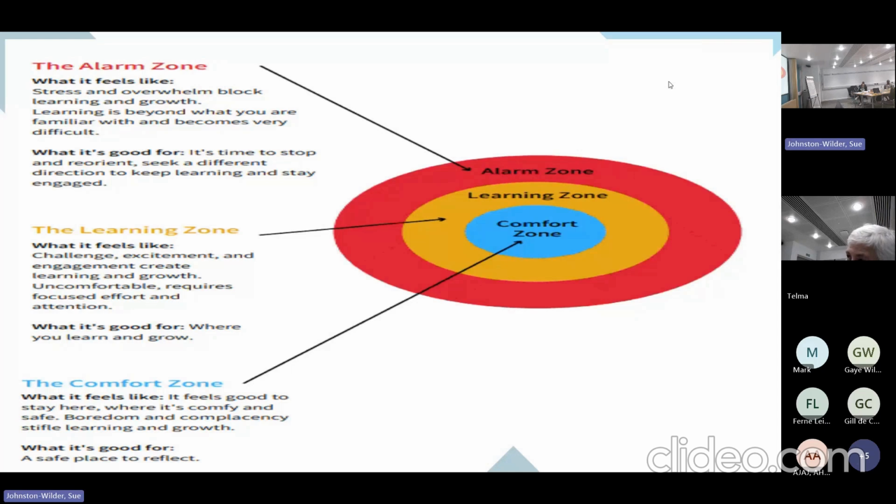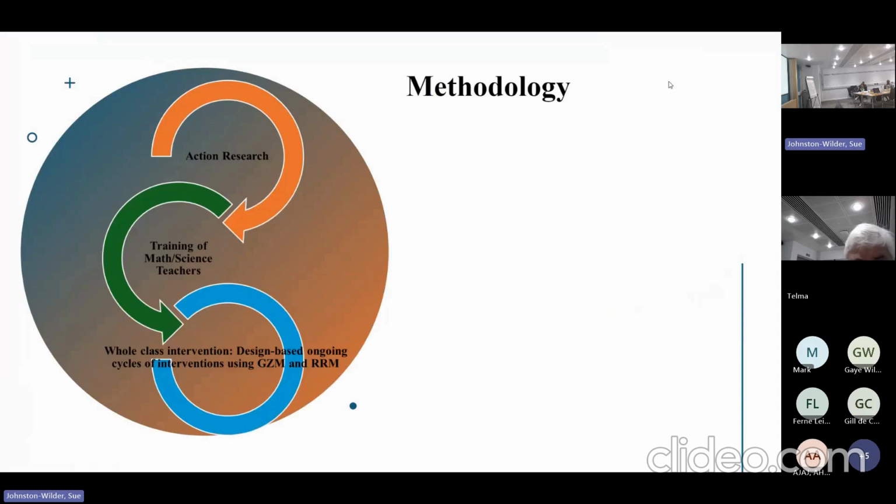And then the anxiety wasn't that clear to them, but they know that they fear, they're scared, they have misconceptions. But the term anxiety wasn't that clear. So I started with the growth zone model, and then I gradually introduced the teachers to the relaxation response, but it's not part of this paper that I am presenting now. So we developed an action research training of math and science teachers and then a whole class intervention.